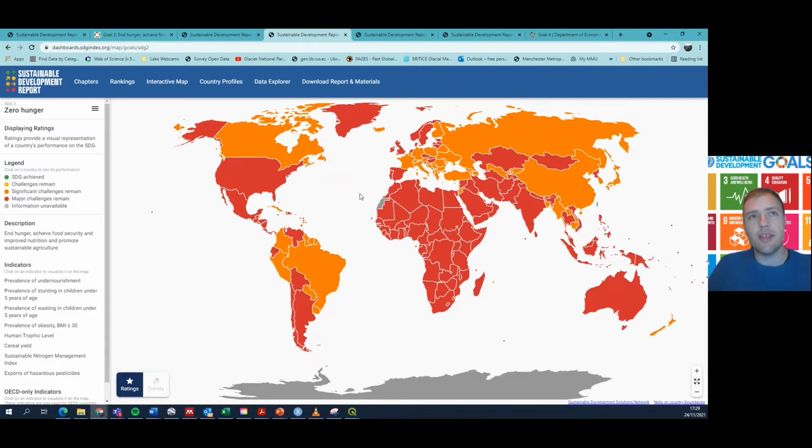And you might wonder why some of our more developed countries have significant challenges remaining. We can think about that by looking at all of our indicators for this SDG. We've got prevalence of undernourishment, prevalence of stunting, prevalence of wasting, prevalence of obesity, human trophic level, that is telling us how efficient our diets are, so generally how much meat is being consumed as opposed to other more sustainable, efficient food choices, our cereal yield, our sustainable nitrogen management, and our exports of hazardous pesticides.